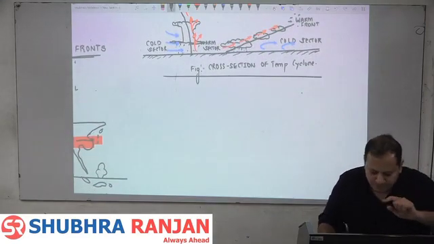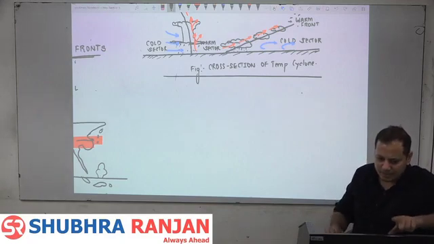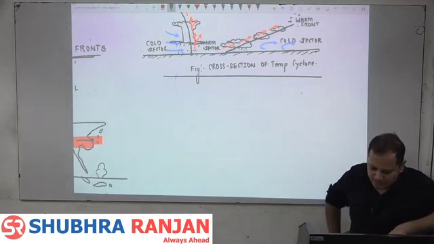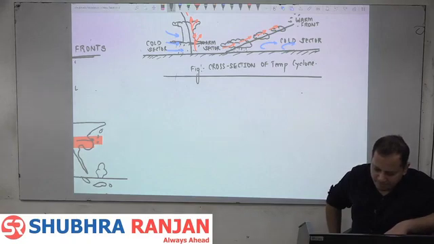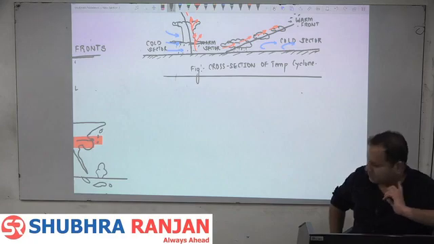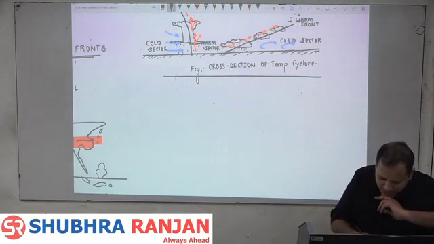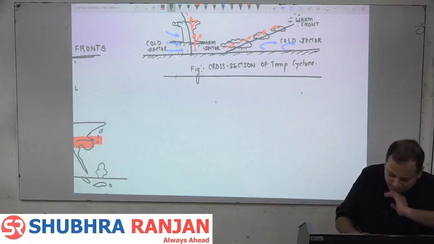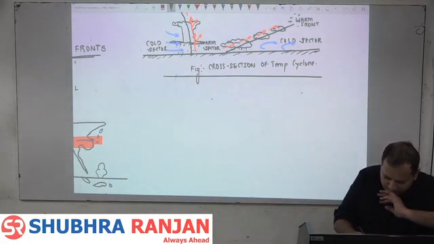Fine. So next point, cyclone tracks. So first Aleutian low, that is second: Northwest Atlantic, near North America.